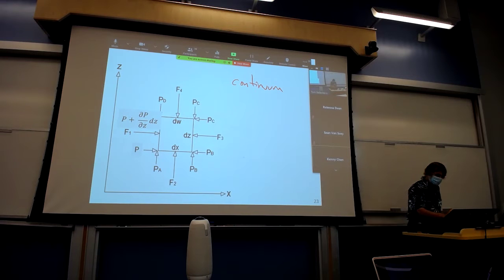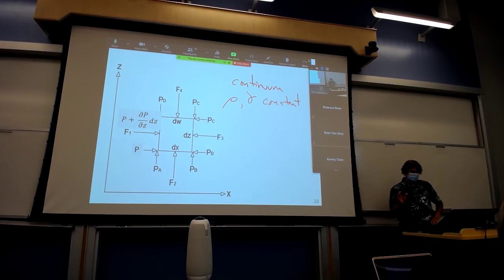The next one was that the density or the specific weight was constant. And we're going to relax that maybe at the end of this lecture or the next lecture. So for the distances we're moving over, remember specific weight, gamma, is equal to density times acceleration of gravity. So we're not changing gravity, we're not changing density.